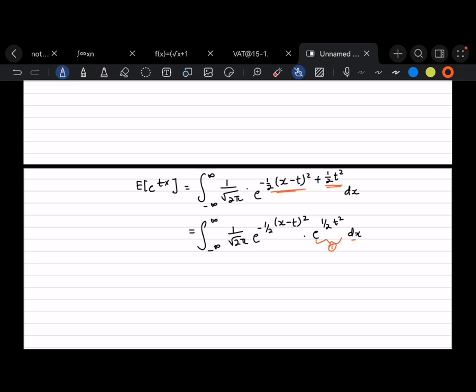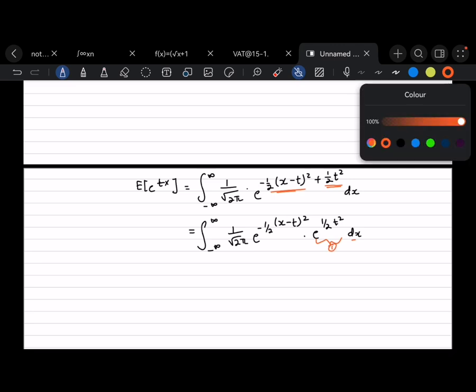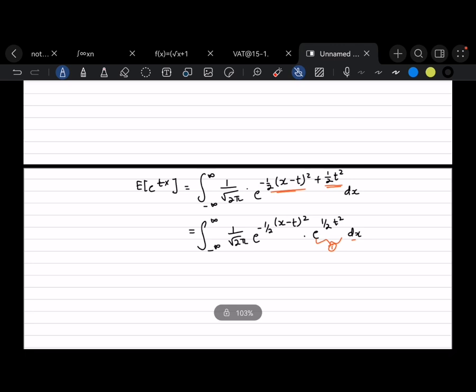I just take it out of the integral because it does not depend on x, and I'm integrating with respect to x. So let's take the e to the half t squared outside of the integral. So I have e to the half t squared out of the integral. Now my integral is still from negative infinity to positive infinity. The only terms I have inside the integral are 1 over root 2 pi.